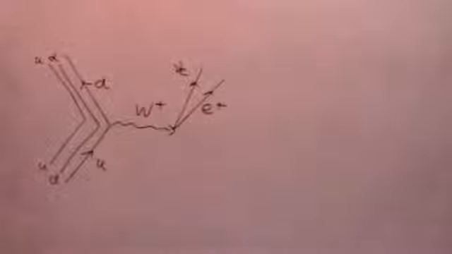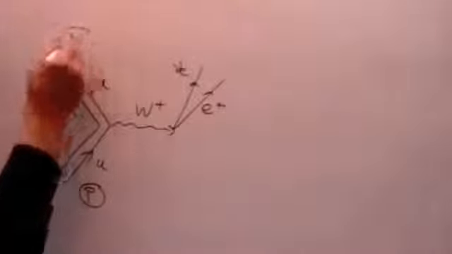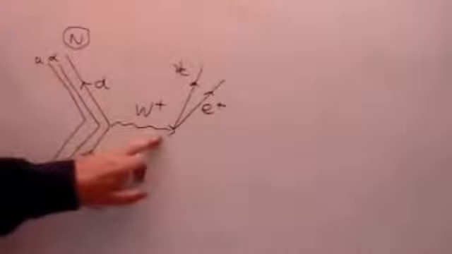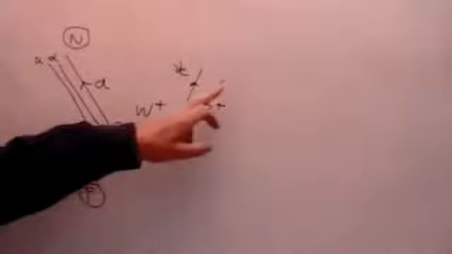So there'll be a down quark and an up quark, which remain down and up. So you've got an up, down, up, that's a proton. And here you've got an up, down, down, that's a neutron. So in the Sun, a proton converts to a neutron by the emission of a W plus boson, which then decays into a positron and an electron neutrino.